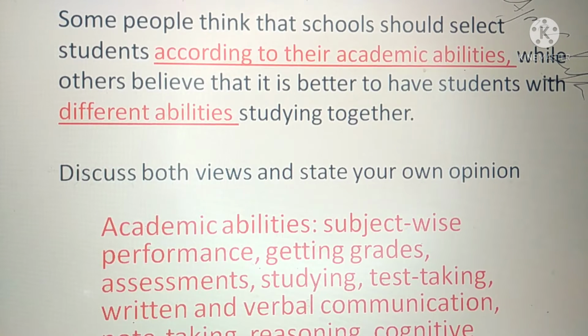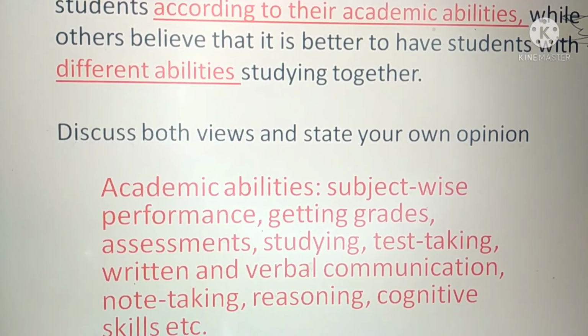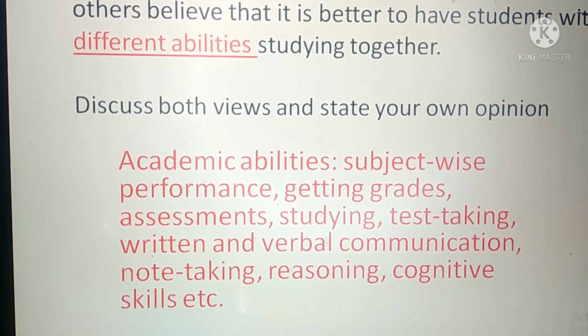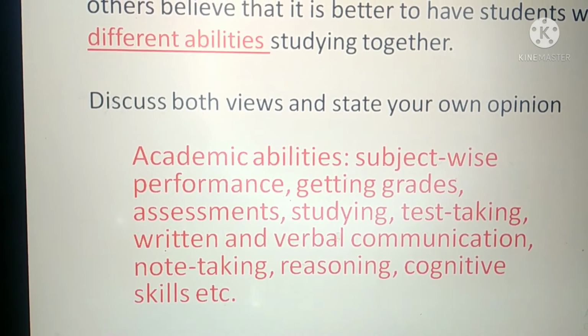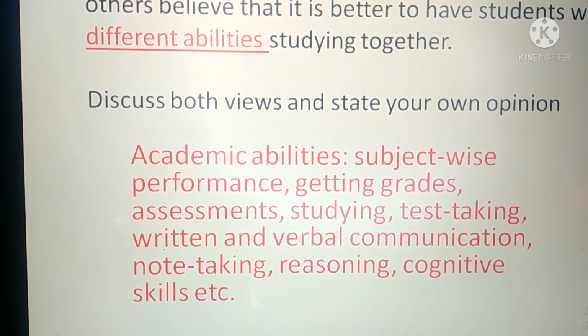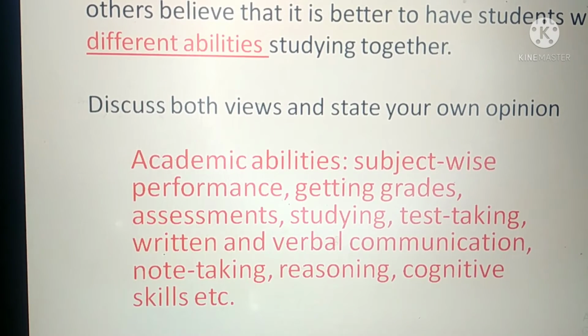Now, as per my knowledge, if I understand this term academic ability, according to me, academic abilities are when we judge the performance of a child on the basis of subject-wise performance, or how he or she is getting grades.